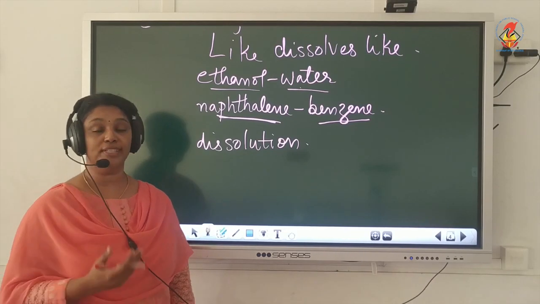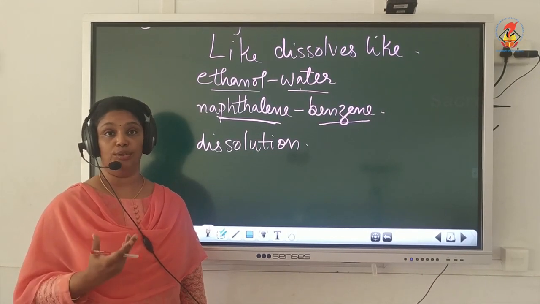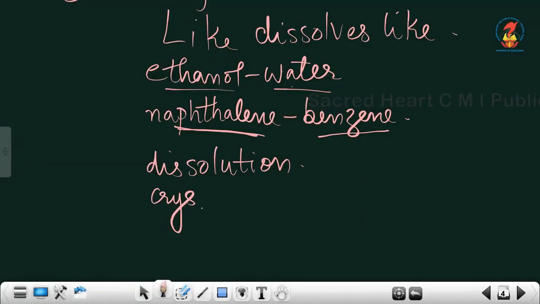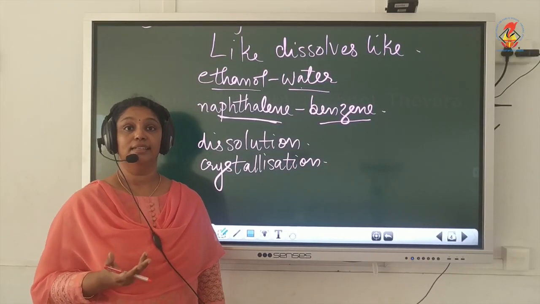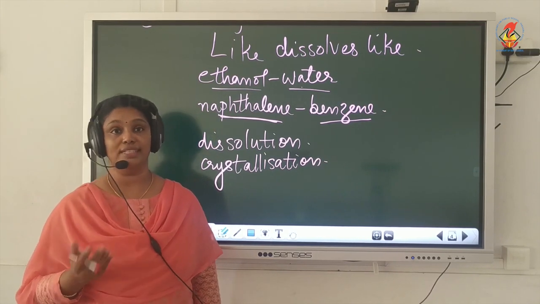After some time the sugar molecules start coming out of the solution, and we call this process crystallization. Finally the rate of dissolution becomes equal to the rate of crystallization.